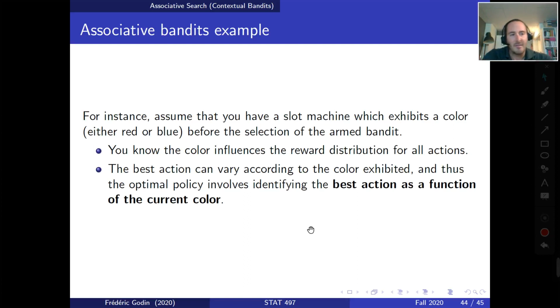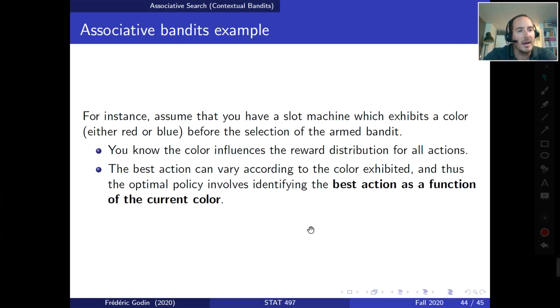So let's say you have a slot machine, and every time you have to pull one of the levers, there's a light that is displayed on the top of the machine. And let's say sometimes the light is red, sometimes the light is blue. And you know that when you have a red light, you have one distribution for rewards.